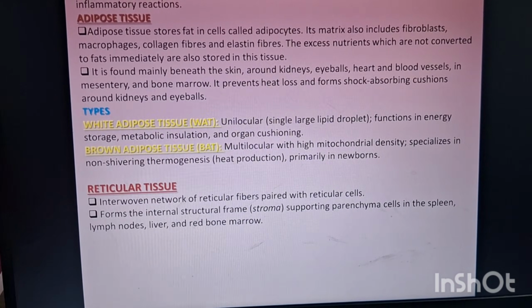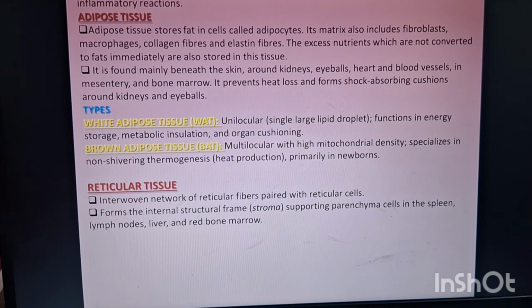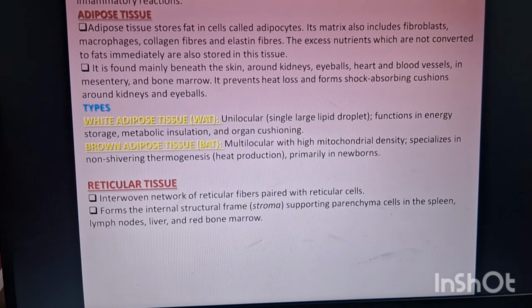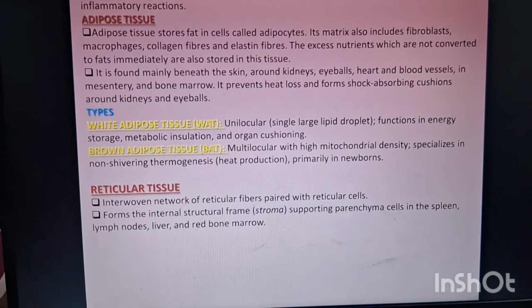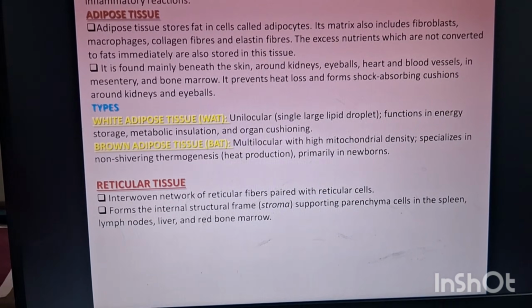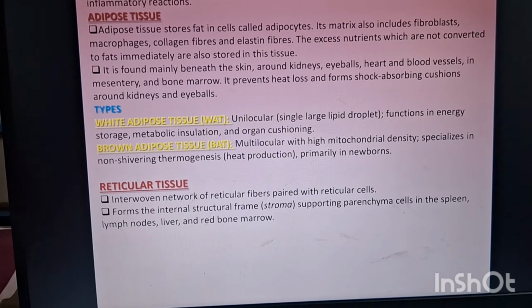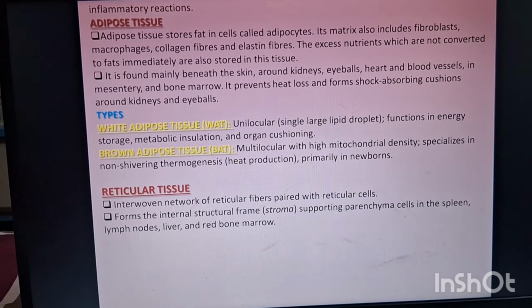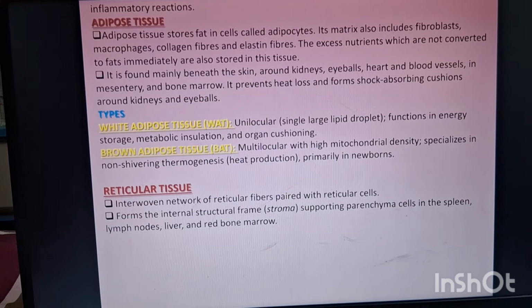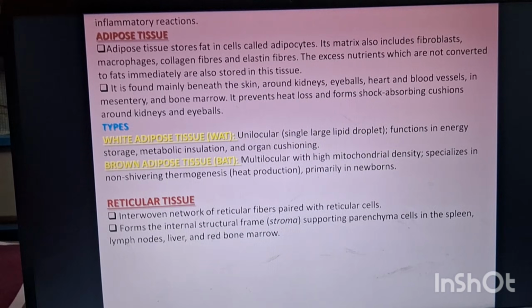Types of adipose tissue: there are two types, white adipose tissue and brown adipose tissue. White adipose tissue is unilocular, that is, a single large lipid droplet, and functions in energy storage, metabolic insulation and organ cushioning. It means its primary job is energy storage, thermal insulation and cushioning.